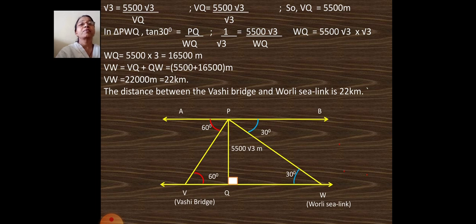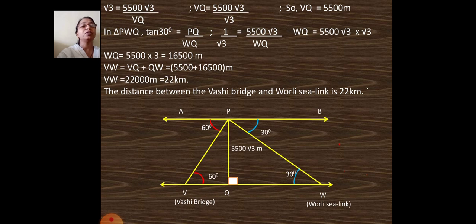Now again the right hand side triangle, in triangle PWQ, again take tan 30, that is opposite upon adjacent, PQ upon WQ. Tan of 30 is 1 by root 3, is equal to the PQ length 5500 root 3 upon WQ. Cross multiply, so WQ is equal to 5500 root 3 into root 3. That is WQ is equal to 5500 into 3, and that multiplication will give you 16,500 meters.